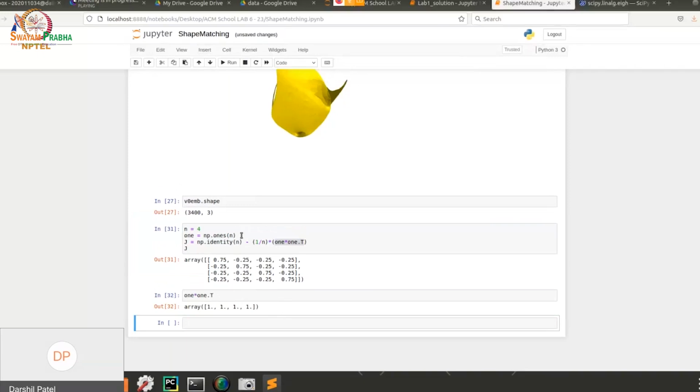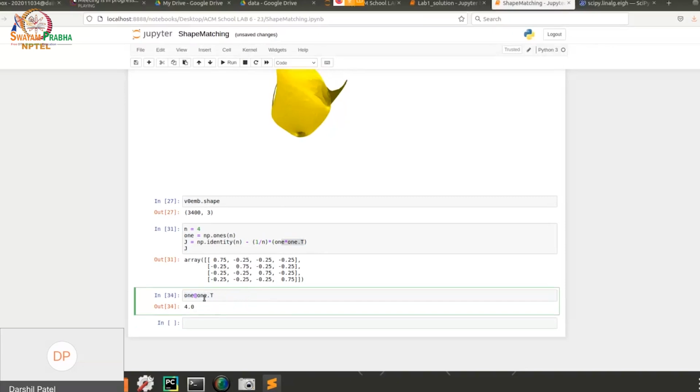Star is this element-wise multiplication. One @ 1.T, what that gives, I don't know. It gives a matrix multiplication of two vectors. There is something wrong. Try it out. I think this one is a row vector and this is the column vector.